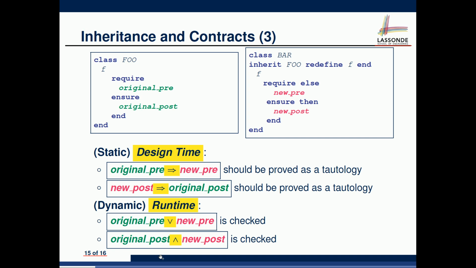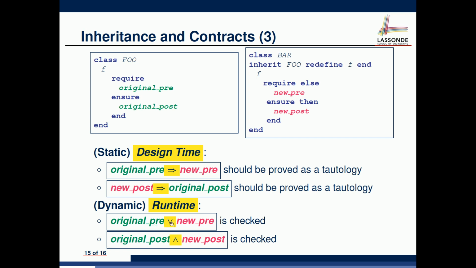I don't know what that means, original tree or new tree is checked. Maybe you want to review the slides a little bit and then come talk to me offline. I think that'll be better. So 'or' means disjunction there. Original tree, arrow, new tree. So this here is disjunction.